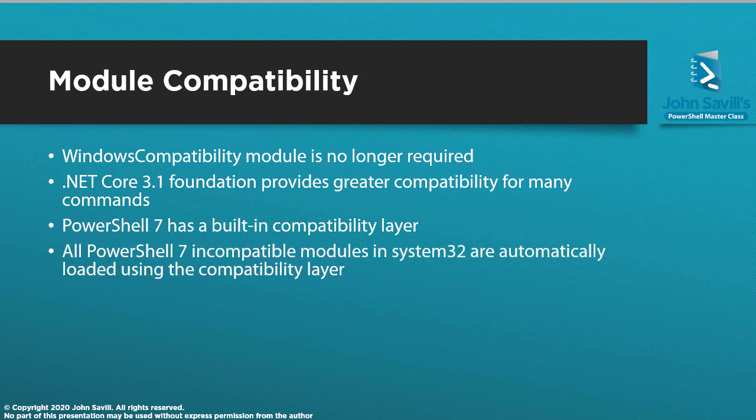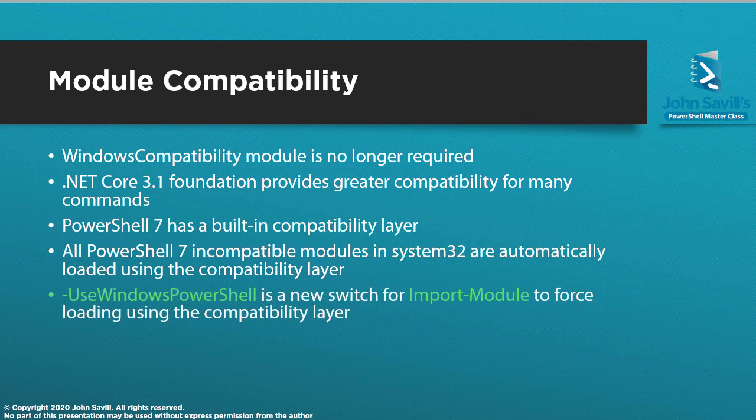Now, this is used automatically for modules in System32. So PowerShell 7 knows about all of the modules in System32. It knows if they will work for PowerShell 7, i.e. Core natively, or if they need the compatibility. So if it needs compatibility, they are automatically loaded using the compatibility layer. If I'm loading a module that it can't tell, maybe it's not been flagged as its compatibility, I can use -UseWindowsPowerShell.